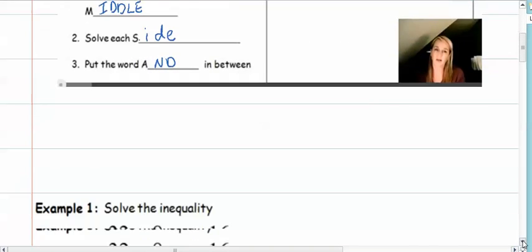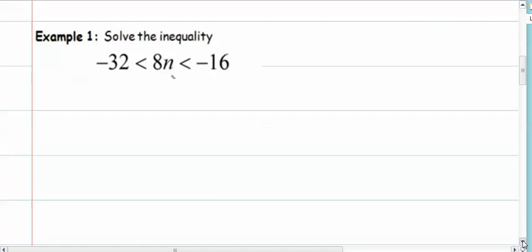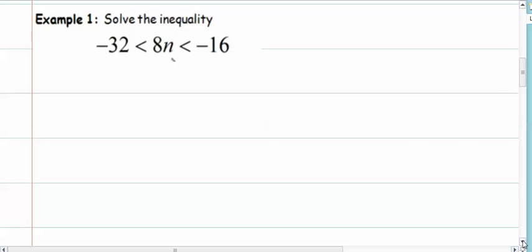Okay. Here's our first example. So we're going to solve the inequality. The first thing our directions told us to do was split it into two by writing each end. So on this end we have negative 32, and I'm going to keep the sign.